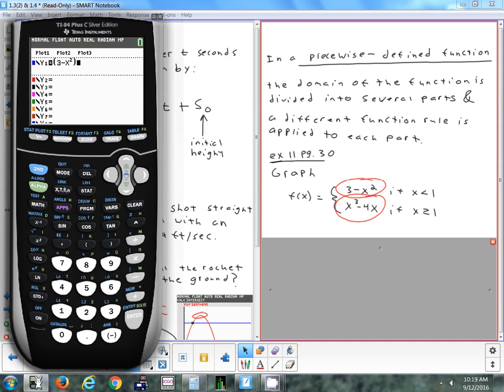So the calculator knows when to use this formula. So put another parenthesis, hit x, and now you need to type in the less than sign. Okay, the less than sign is under second math. And it's the fifth option down.